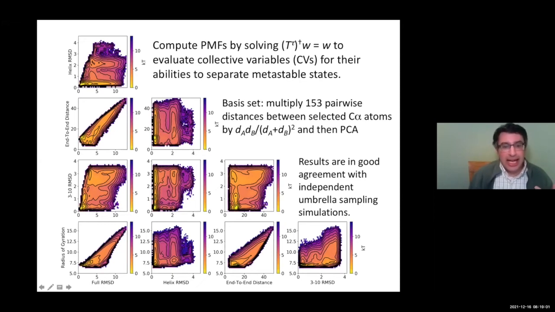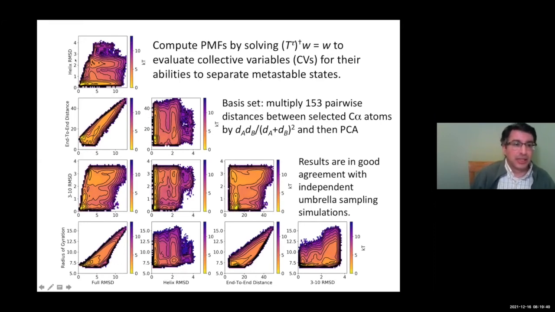So once we do that, we can then make, in essence, free energy estimates for all of the states in our database, 6 million states in our database in this 153-dimensional space. And then we can project it down to different pairs of order parameters or collective variables to see which ones tell us the most. So here I'm just testing, I think it's 5 different order parameters.